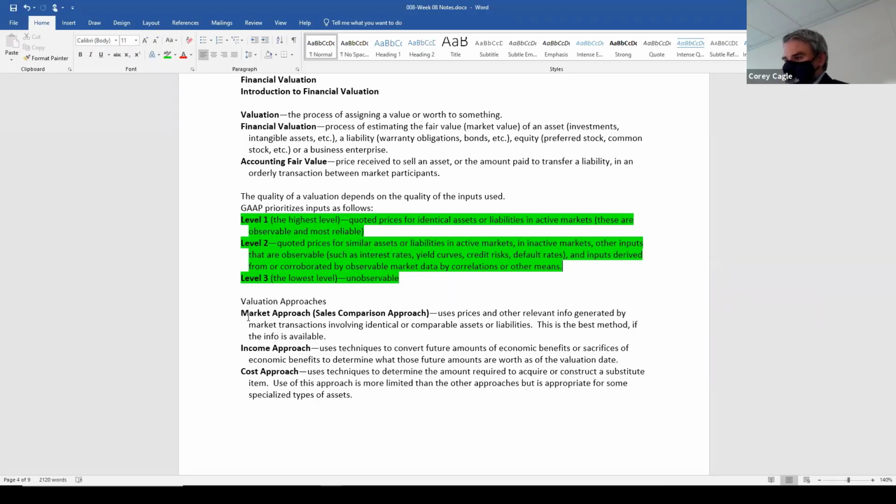Income approach. This is what we did a lot of when I used to teach financial statement analysis and valuation. We would try to forecast future amounts, and we would have all these fancy formulas, and ultimately we'd end up converting those to present value numbers to see what all the things are worth that we expect, right?